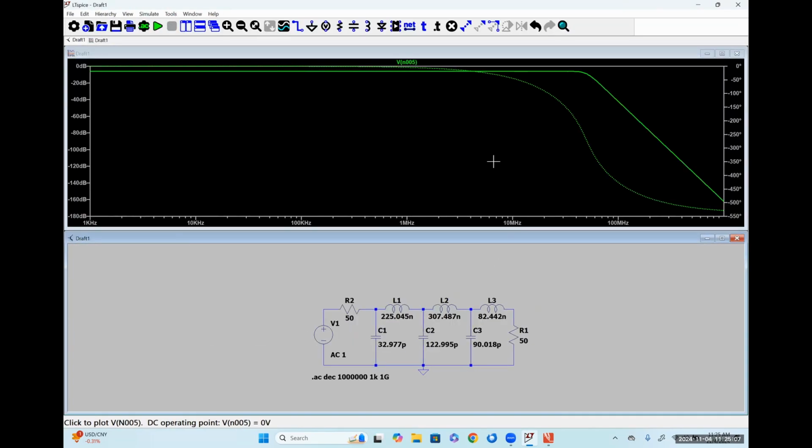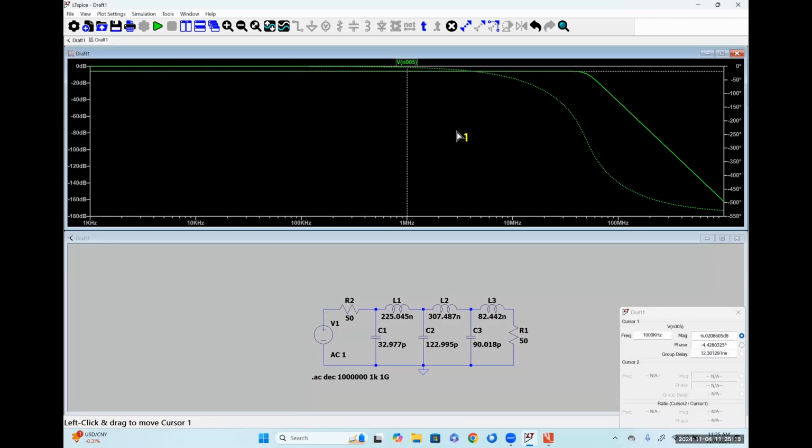And if we look at our output voltage here, let me move this thing out of the way. So we're at -6 dB all the way up to here. And then when we hit -9 dB, we're at just over 50 megahertz, but there's some rounding going on there.